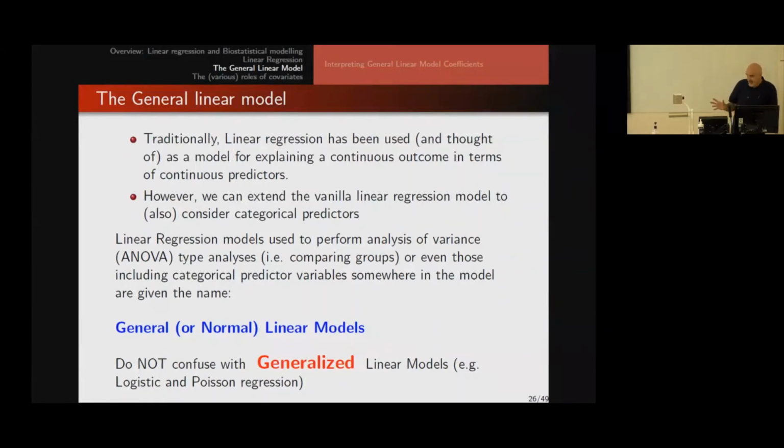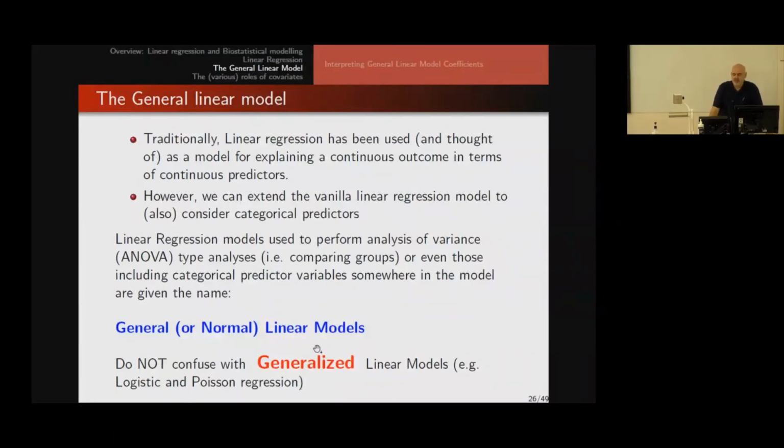I'm talking about X variables here. So linear regression models that are used to perform ANOVA type analyses, or even those that have a categorical predictor somewhere on the right-hand side of the equation, are called general linear models, sometimes called normal linear models, which is a really good name for them because it's very sensible, but not many people call them normal linear models, not in the health field anyway.